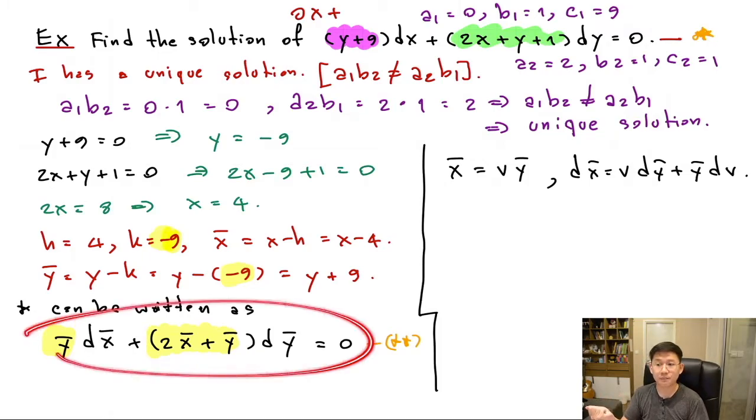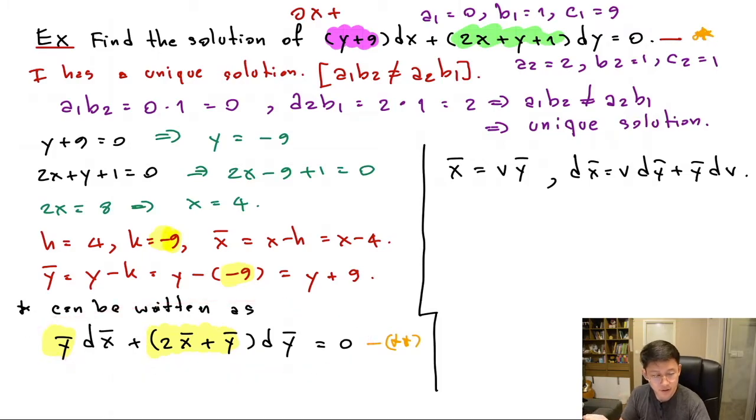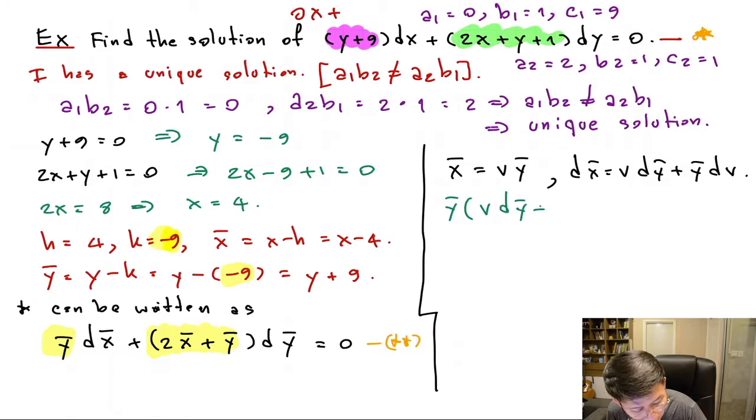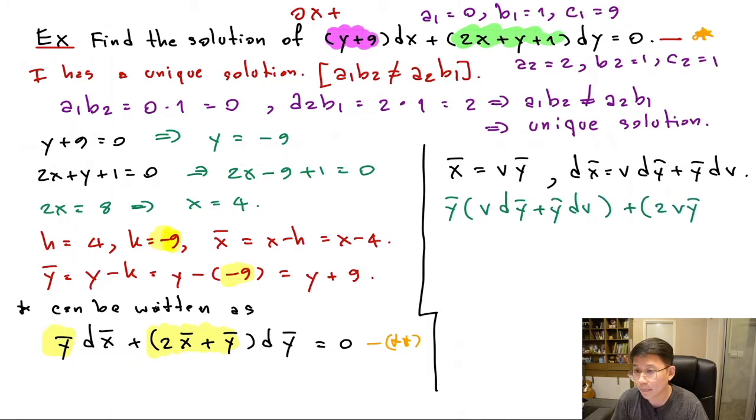this equation. So what we have is, what is it? y bar, use some other color. y bar times (v dy bar plus y bar dv) plus 2 x bar, where x bar is v y bar, isn't it? Right? And y bar is y bar dy bar equals 0.